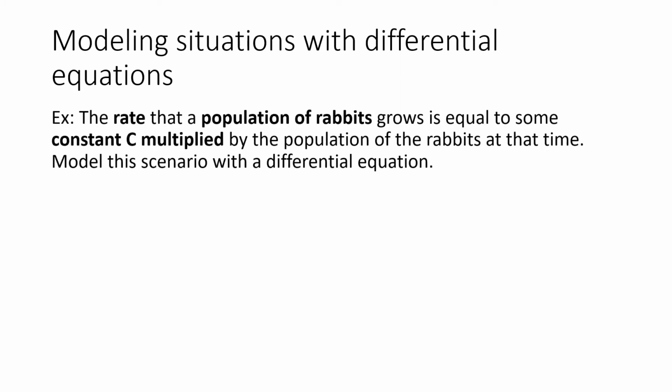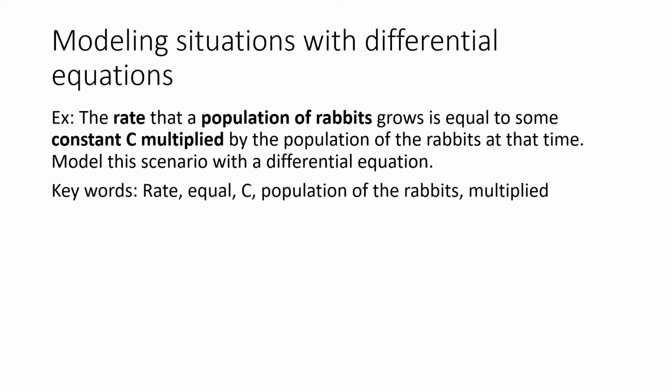Here's an example. The rate that a population of rabbits grows is equal to some constant c multiplied by the population of the rabbits at that time. Model the scenario with a differential equation. Here are the key words: the rate, equal to, the constant c, the population of the rabbits, and multiplied.